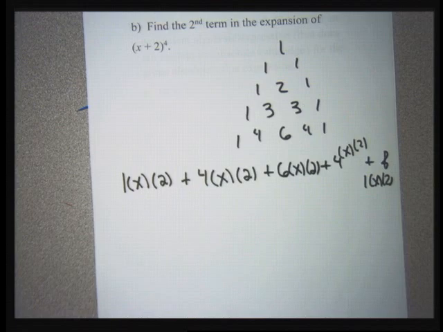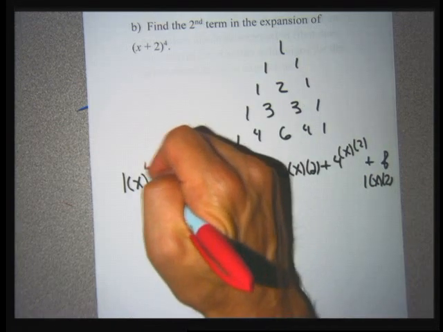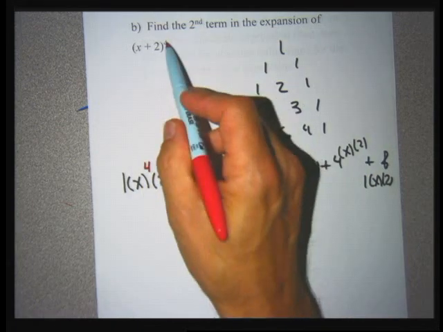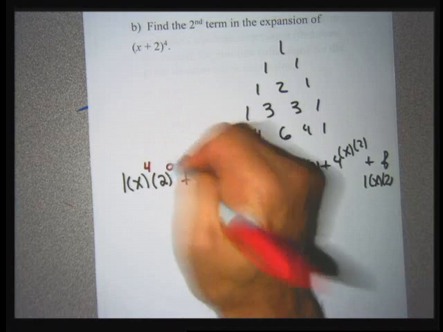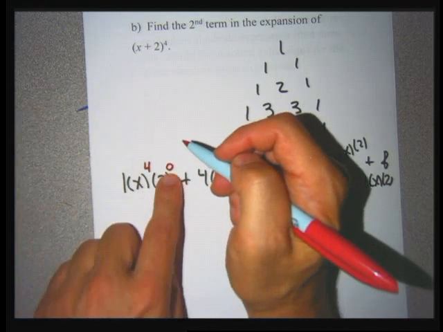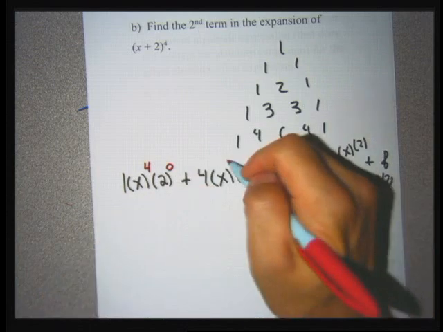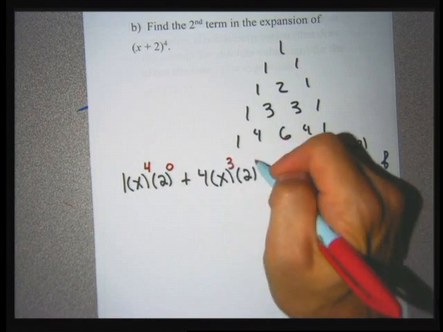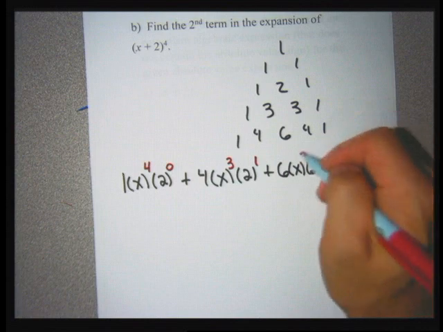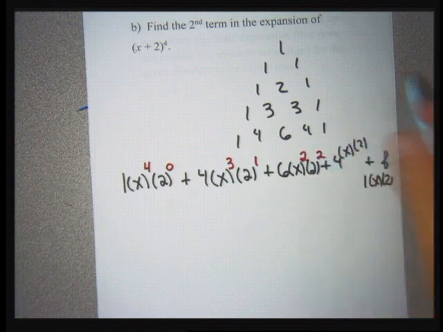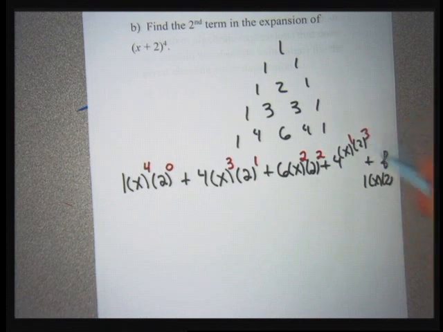I always start the first with the exponent in the problem. So this x gets a 4, the 2 gets a 0, and then I add 1, subtract 1. So go from 4 to 3, from 0 to 1, from 3 to 2, from 1 to 2, from 2 to 1, from 2 to 3, and from 1 to 0 and 0 to 4.